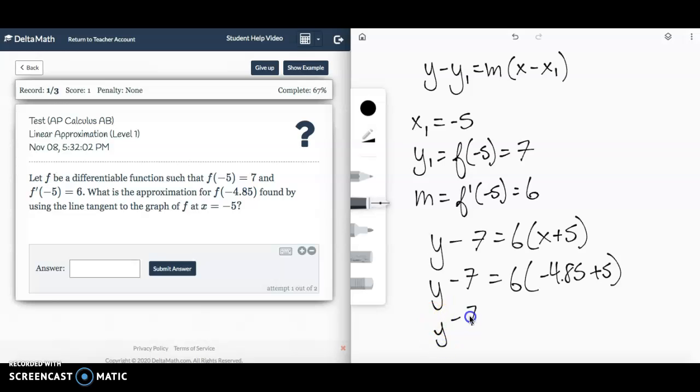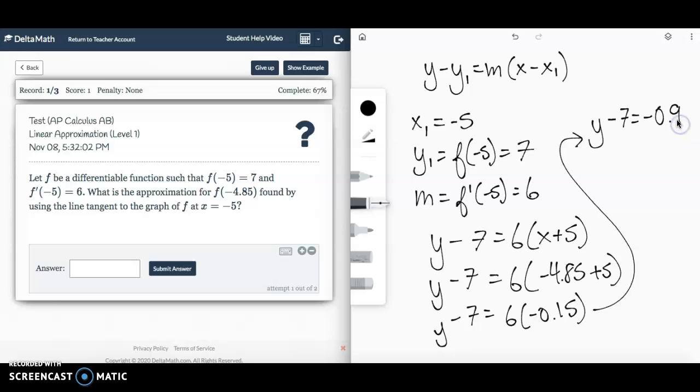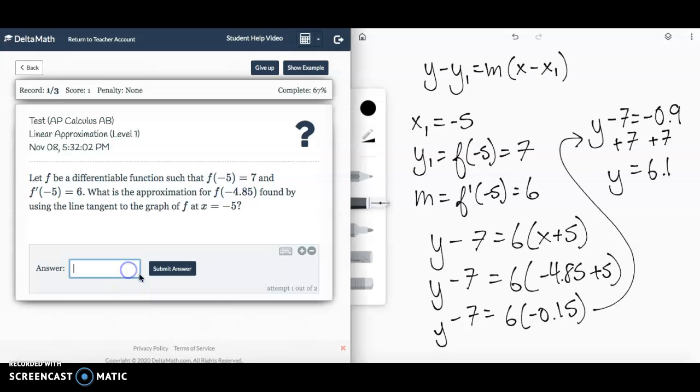So y minus 7 equals 6 times, negative 4.85 plus 5 would give me negative 0.15, I believe. And then if I do that number times 6, I would get y minus 7 equals negative 0.9. Let's say 6 times 0.15. Yep. And then I add 7 to both sides. So y would equal 6.1, approximately.